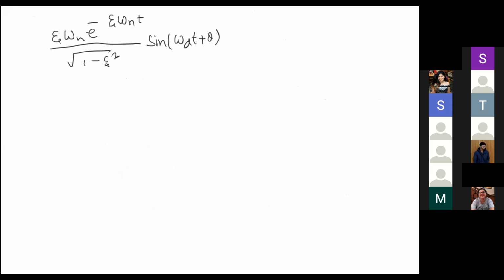So what are we going to get? Zeta omega n e to the power minus zeta omega n t upon under root of 1 minus zeta square sine of omega d t plus theta is equal to e to the power minus zeta omega n t upon under root of 1 minus zeta square.